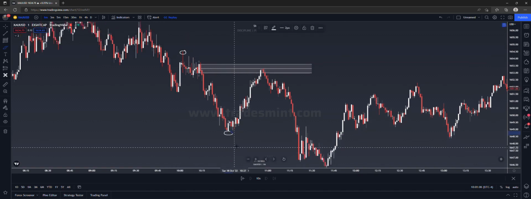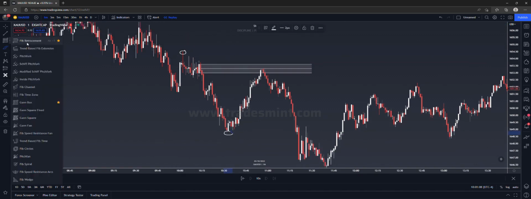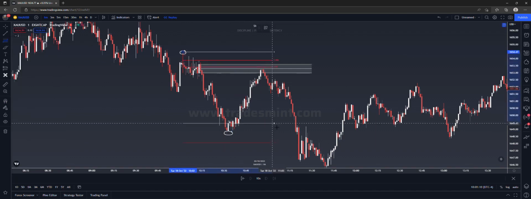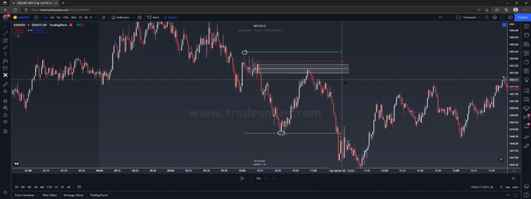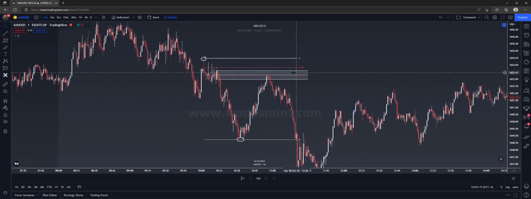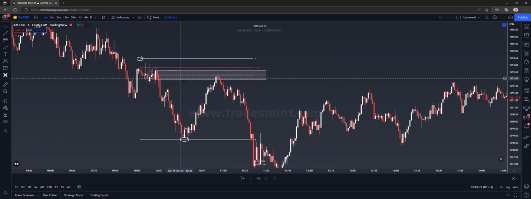High the move, low the move. Fibonacci tool. Let's delete this. Fibonacci tool goes into the 50%. Got our supply zone right here.